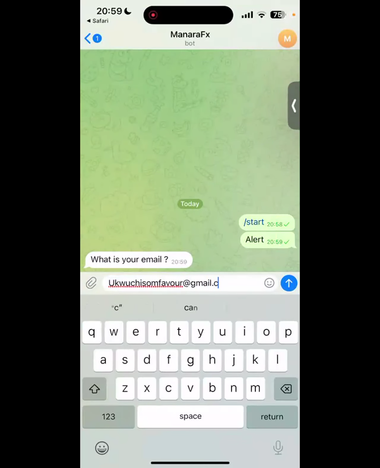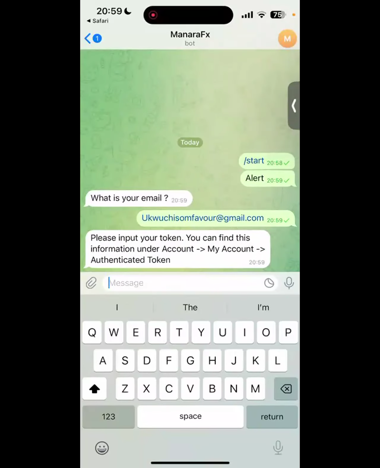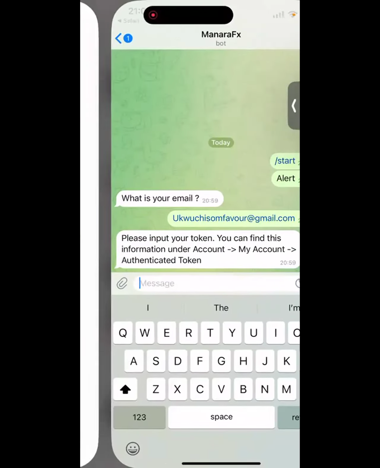I hope everyone is following what we're doing. Yes, Greg, I'm totally on your side. So it says, please input your token. You can find this information under account, authenticator token. So let's go back to Manara itself.